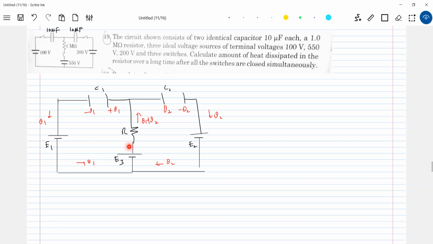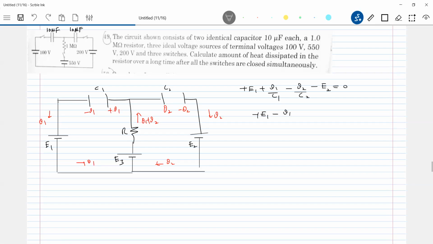Okay, write the loop equation now. So first we'll get into the loop equation. Plus Q1 by C1 minus Q2 by C2 minus E2 equal to 0. Okay, clear this? So that's one equation. Then similarly, one more equation is needed.